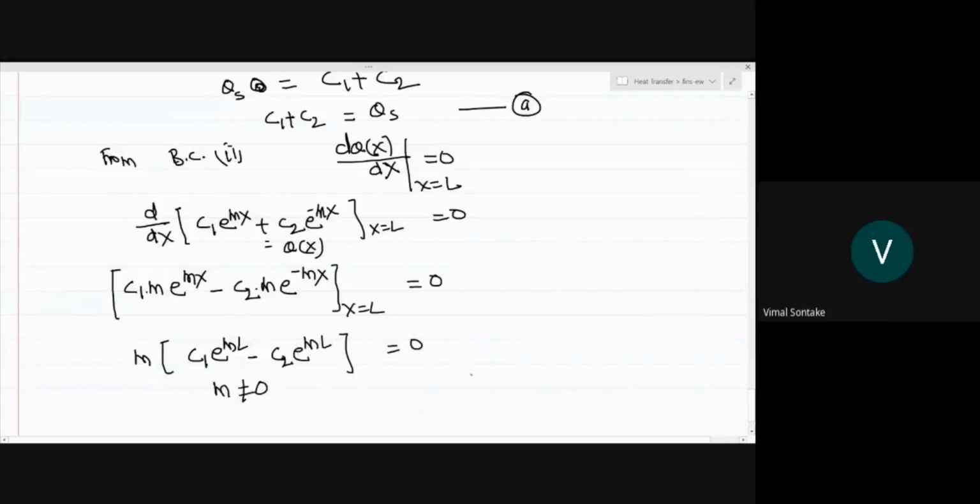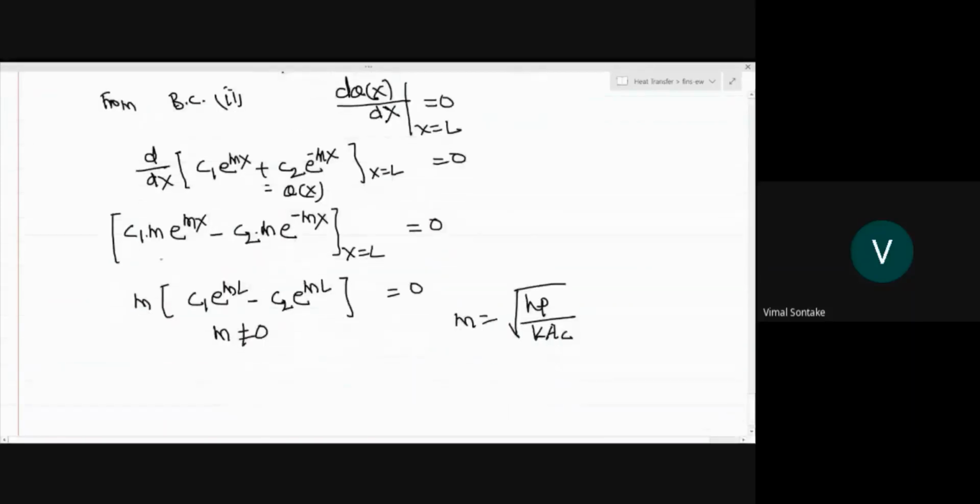Because m is some parameter consisting of geometrical and thermal properties of the material of the fin and surrounding fluid. So m cannot be 0. So I can write from this analogy C1 e power ml minus C2 e power ml is equal to 0. Let's say this is equation number B.